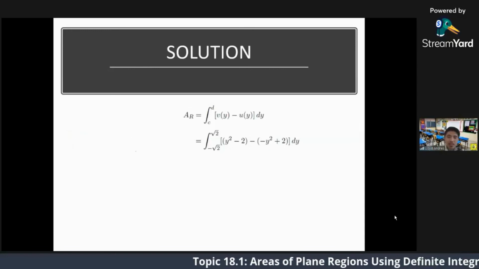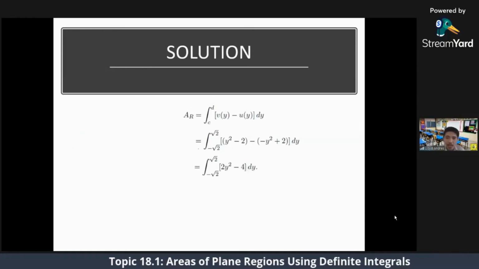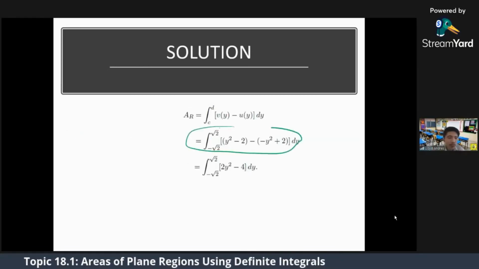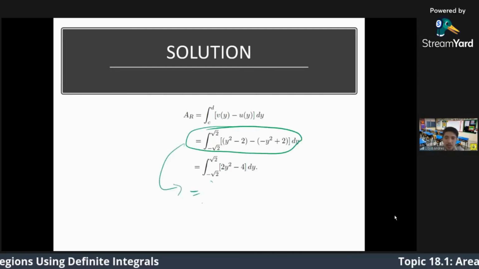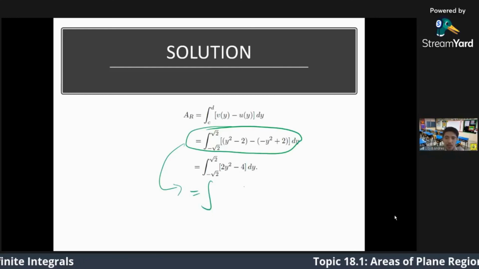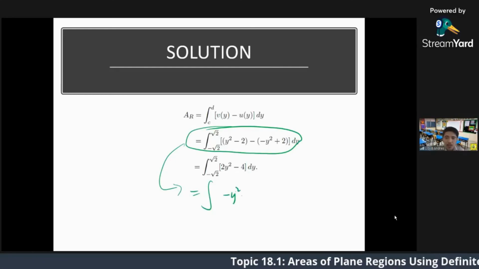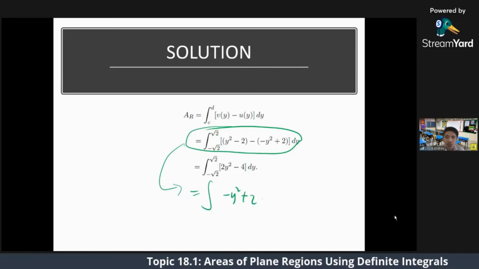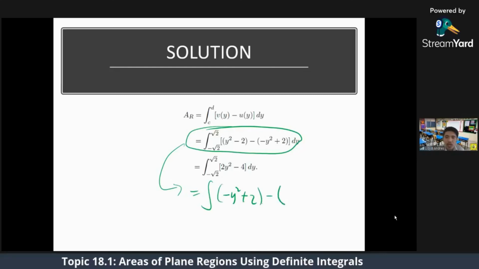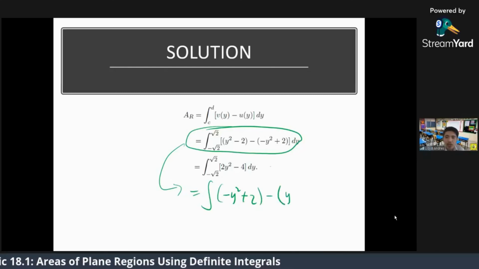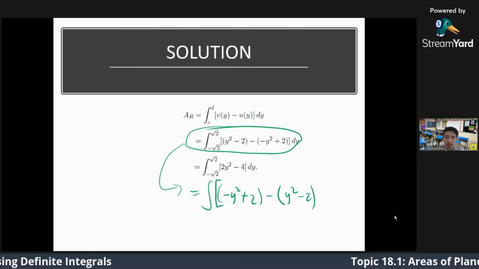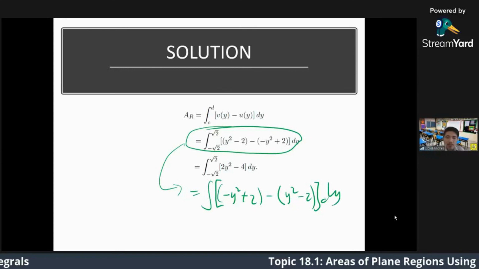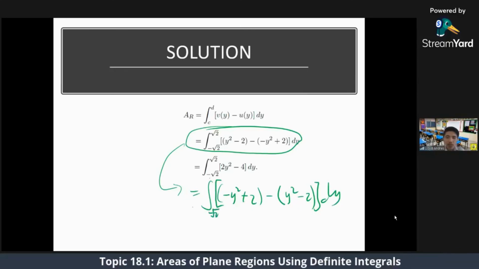This should be the integral of negative y squared plus 2 minus the right curve, y squared minus 2, dy from negative square root of 2 to square root of 2.